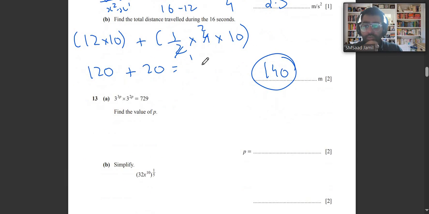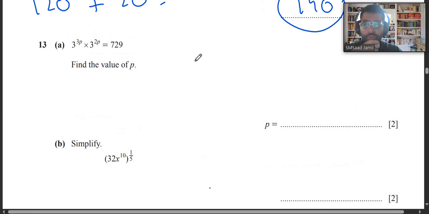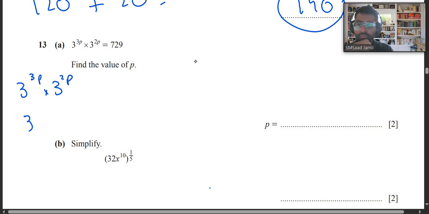Moving on to the next question, it says find the value of P. Let me zoom it in for you guys. So 3 raised to power 3p multiplied by 3 raised to power 2p. This actually becomes 3p plus 2p.